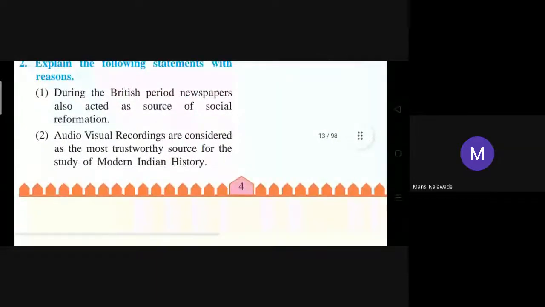Audiovisual recordings are considered as the most trustworthy source for the study of modern Indian history. Audiovisual recordings are considered trustworthy sources for the study of modern history because important events during the freedom struggle could be seen in reality.